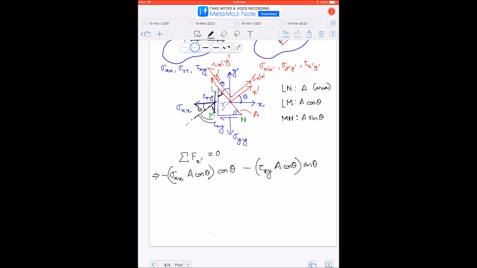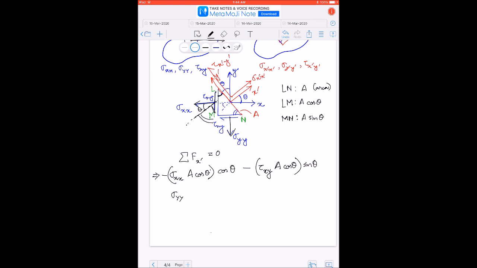Next, we are going to consider the edge MN, and the first force that we are going to consider on the edge MN is the one associated with sigma yy. Again, without writing any minus or plus, we consider the force, sigma yy, multiplied with MN.